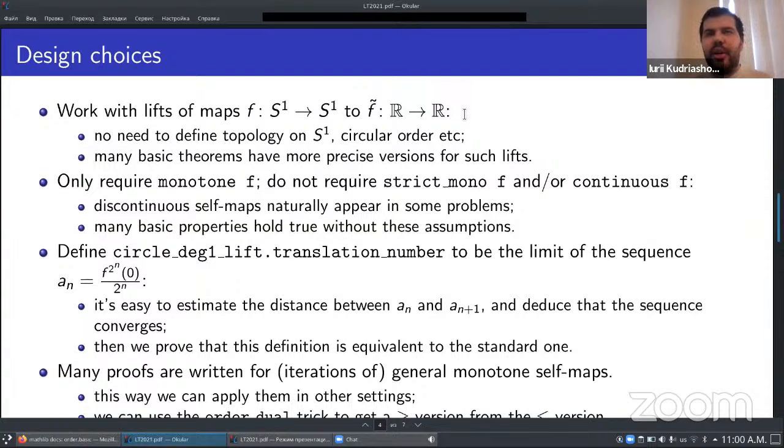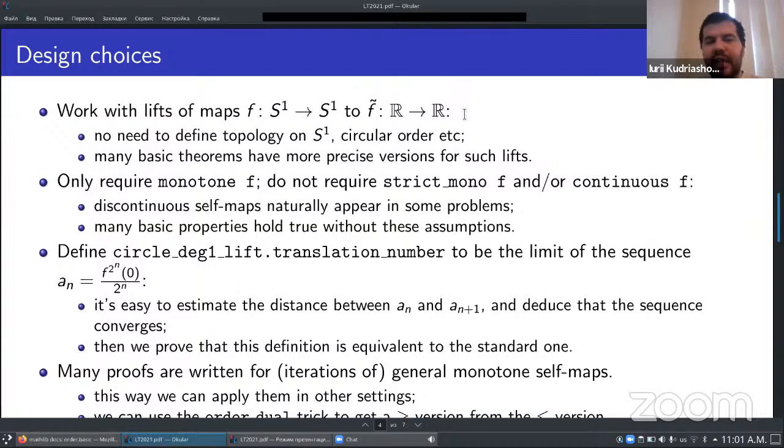And this way, I do not need to even define a topological space structure on S1 or a manifold structure on S1 or anything. And also, I do not need to define what is a circular monotone map, for example.